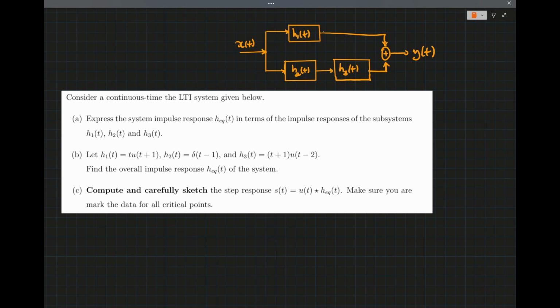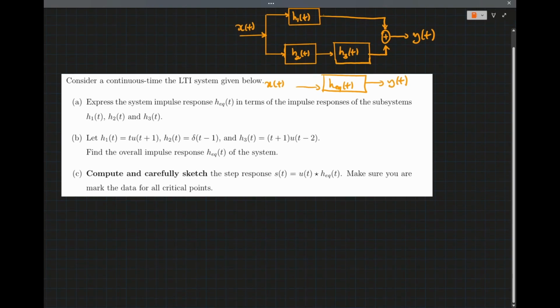What we wanted to do here is to find the equivalent impulse response, meaning when I have x of t, what is the equivalent impulse response of these interconnected subsystems.